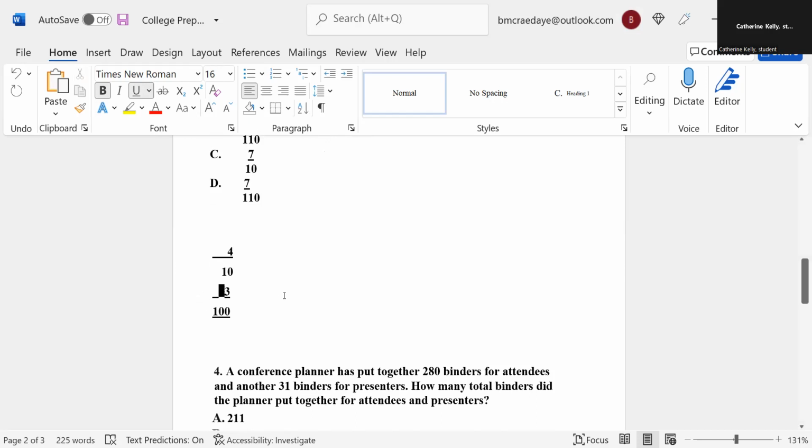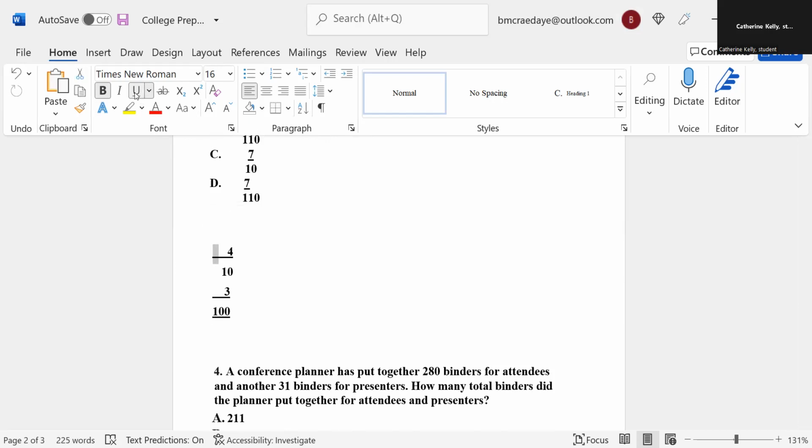How could you do that, Catherine? How could you make the denominators, that is the bottom number, the same? What could go in both of the numbers?